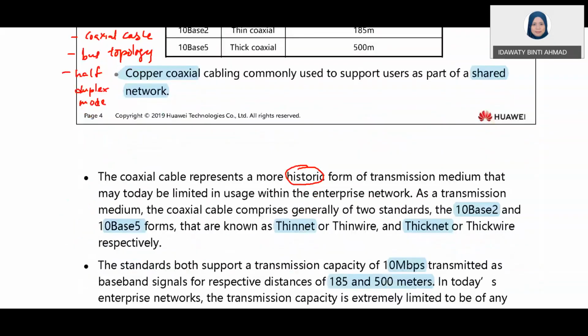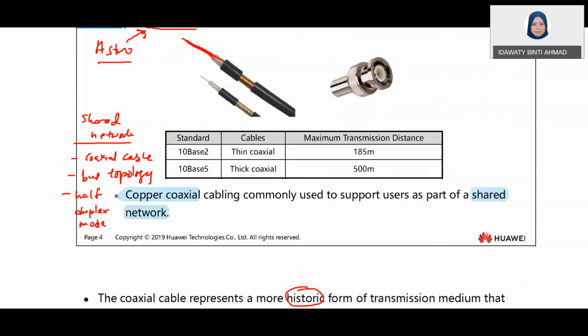At an early stage, before we called it Ethernet, we had thin net and thick net. So what is this? This type of network uses thin coaxial cable for 10Base2 here, and 10Base5 for thick coaxial.